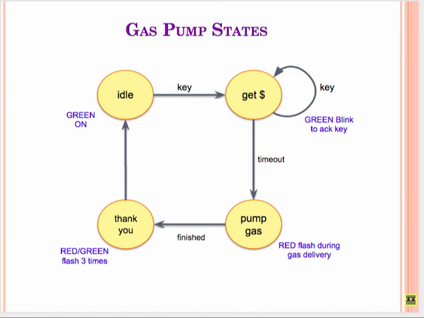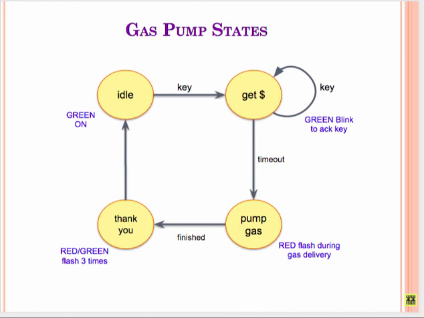But one implementation I have is I just go ahead using the state diagrams. And the state goes like this. Everything starts with the idle. And when it's idle, the green light is on. And once we are in the idle state, the user comes in to push the key.